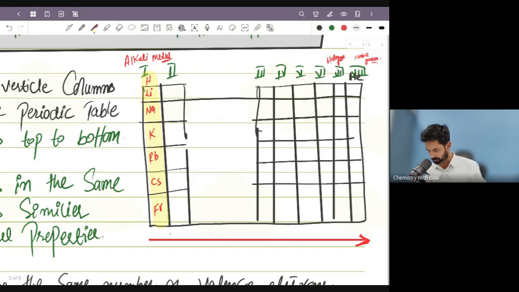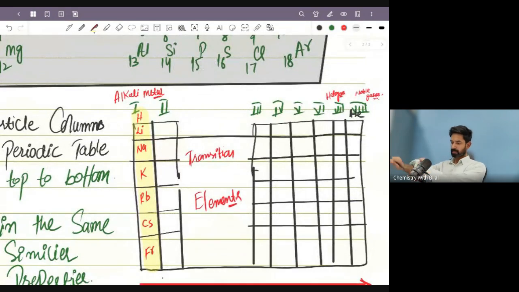So the whole thing present here, they are called transition elements, also part of our syllabus. So group 1 alkali metals, group 7 halogens, group 8 noble gases, and transition elements are present right in the middle of the periodic table. Make sense, everyone?